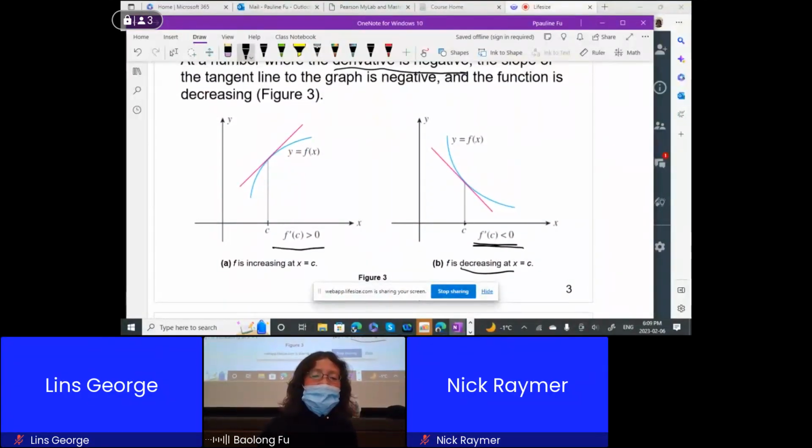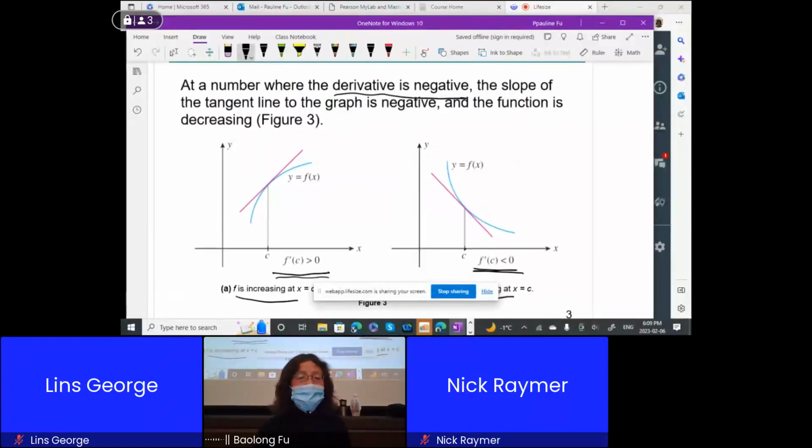And when the derivative in this picture is greater than 0, it is increasing. So this is the relationship between derivative and increasing or decreasing. Just take a derivative, you know the function is increasing or decreasing.